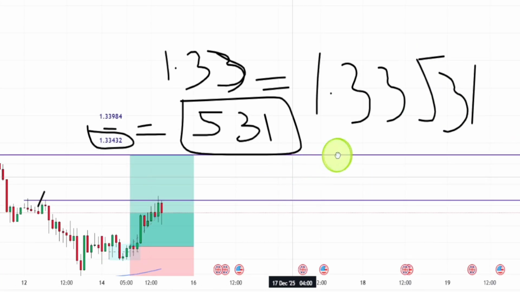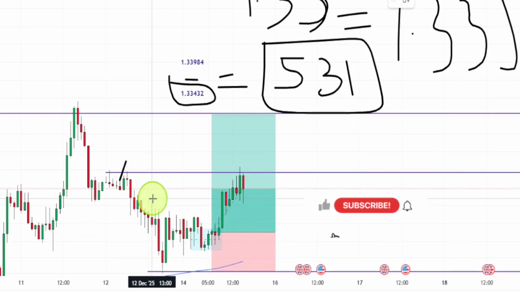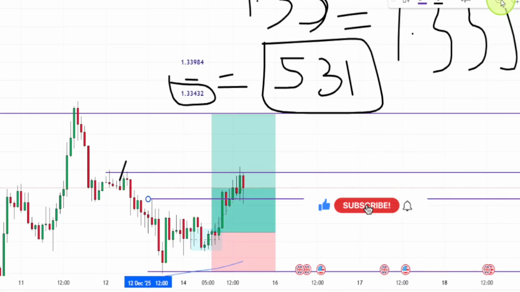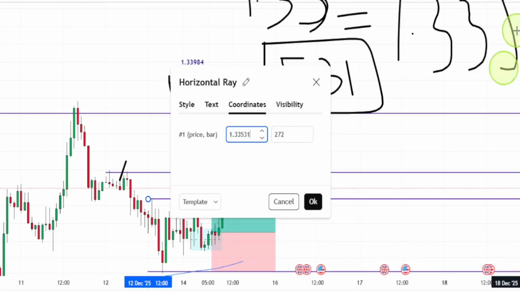You take your horizontal tool, put it on the screen, then change the digit to 1.33531. That is the number we get here.